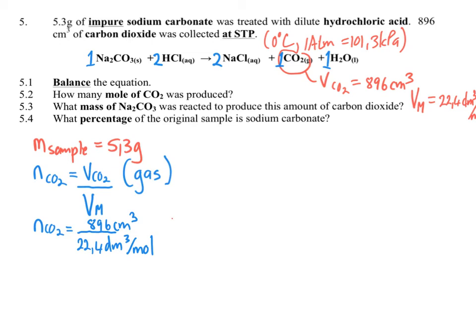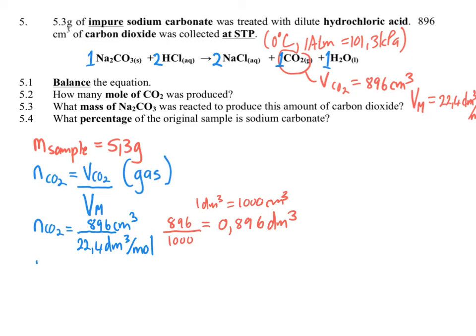So 896 cubic centimeters needs to be divided by 1,000, because there are 1,000 cubic centimeters in 1 cubic decimeter. So that's going to give us 0.896 cubic decimeters.